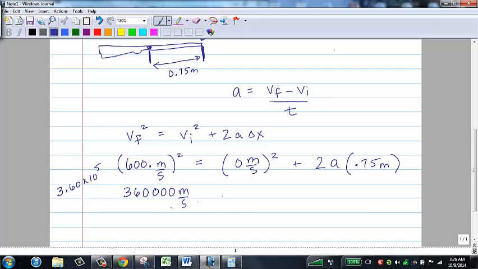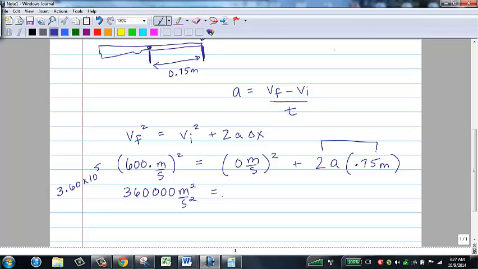But I'm going to leave it like that and just remember that it has 3 sig figs, because I don't do the rounding until the end anyway. The meters got squared and the seconds got squared also. 0 meters per second squared is 0, and when I add that 0 to this piece, it's not going to change that piece. So I'm going to leave that out in my simplification.